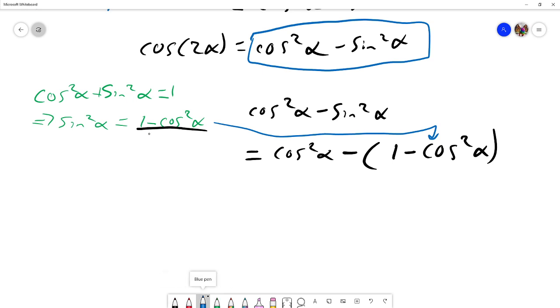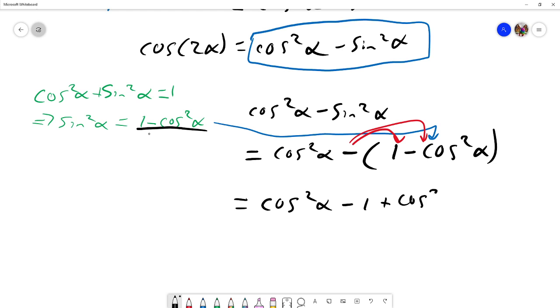So now what we have to do is distribute that negative. So once we distribute that negative, we get cosine squared alpha minus 1 plus cosine squared alpha. And this is equal to 2 cosine squared alpha minus 1. And that is our second identity.